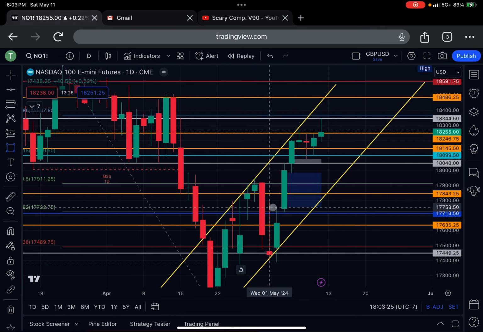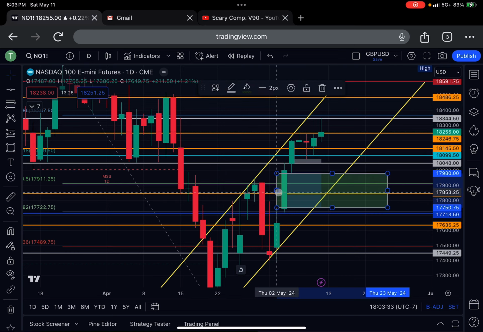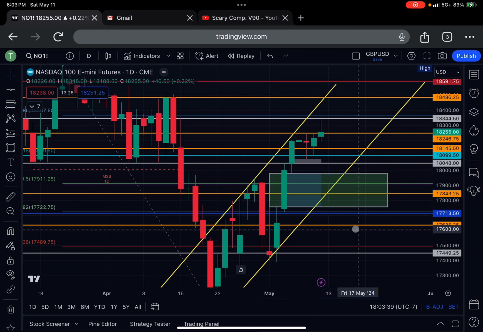On the daily, we got a fair value gap forming right now. So this is the area where I'm going to say, oh, price is going to come back down to this area at some point. Potentially, probably, it's going to hit this and then shoot back up again.